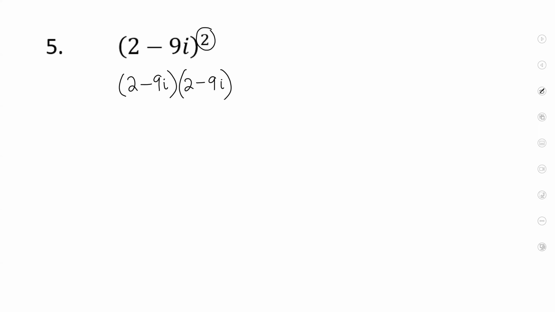What do you think would happen if I had a 3 up here instead of a 2? I would write it 3 times. Multiply the same thing by itself 3 times. Okay, so 2 times 2 is 4. 2 times negative 9i is negative 18i.